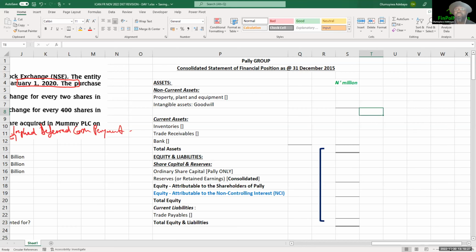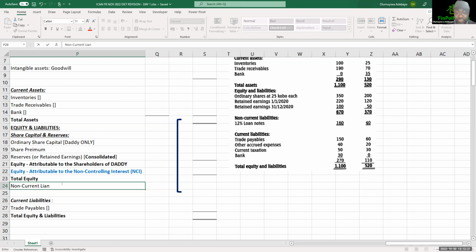Okay. This is not Pali. This Daddy group. Now, which other information? Non-controlling interest, we have that here. Non-current liabilities. Now that I have 12%. Liability, I have trade payable.